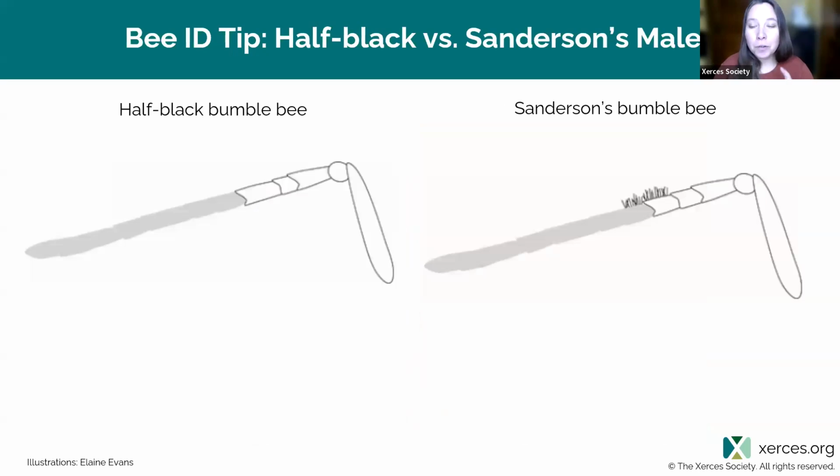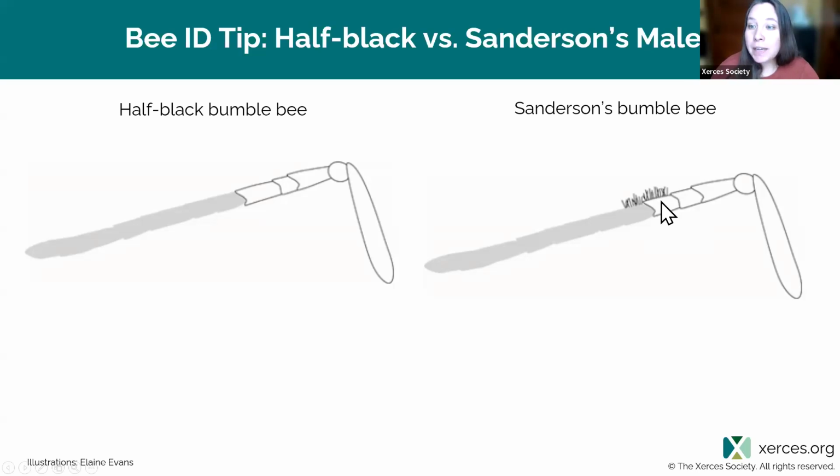For the males, the only way you can be 100% sure that you're differentiating between them is by looking at the antenna. As I mentioned previously, the segments of the antenna are called flagellum. This third segment here, F3, for the half-black bumblebee, is twice as long as it is wide.